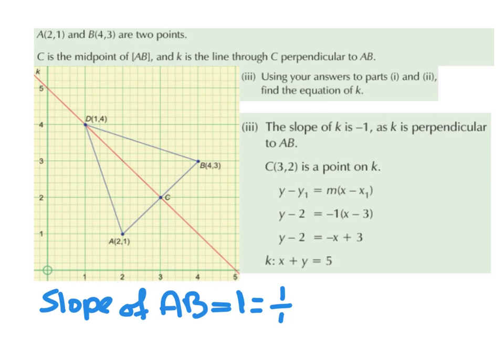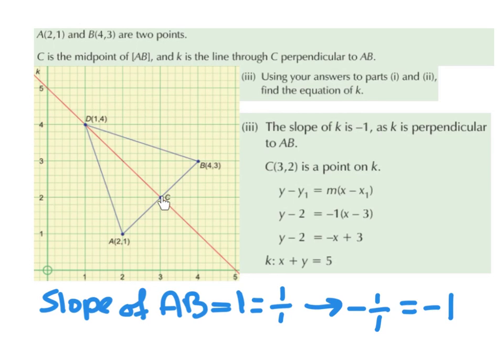And to get the perpendicular slope of a line, what we do is we turn the fraction upside down and change the sign. So this is originally positive, so it becomes a negative, and 1 over 1 flipped upside down is still 1 over 1. And 1 divided by 1 is 1. So that's where we get minus 1 from. So the slope of the line K, which is perpendicular to AB, is minus 1.